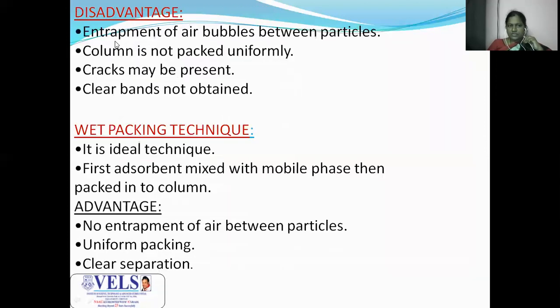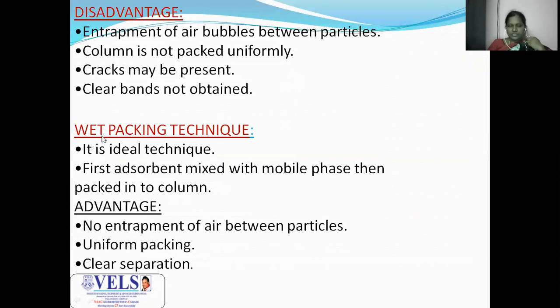First is entrapment of air bubbles, because the mobile phase flow is not uniform, producing air bubbles between the particles. The next drawback is that it is not packed uniformly, and sometimes it produces cracks, so the bands are not formed clearly.